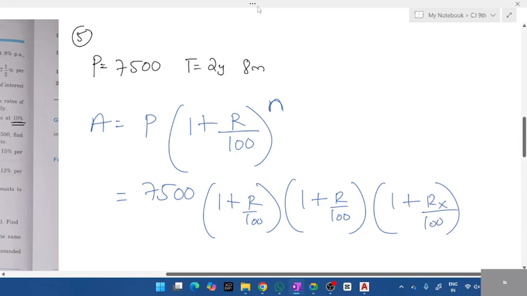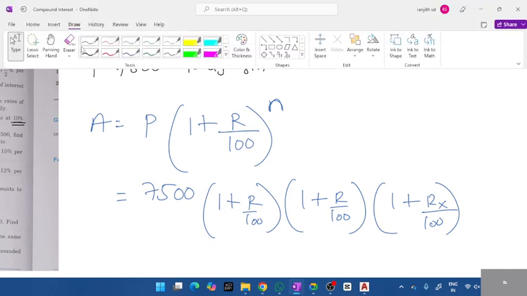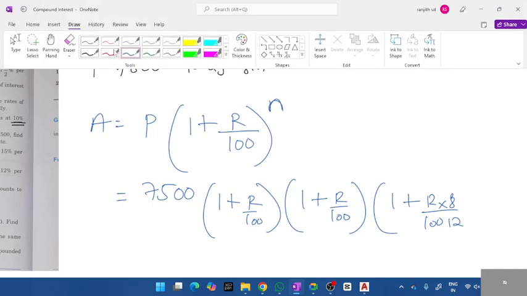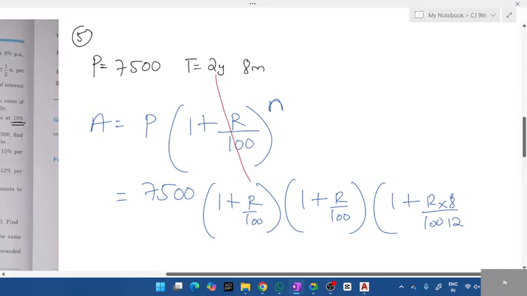What about 8 months? 8 by 12. If you're getting confused, the 2 years is r into 1 for the first year, r into 1 for the second year. For the third year, it is 8 by 12. Did you all understand?